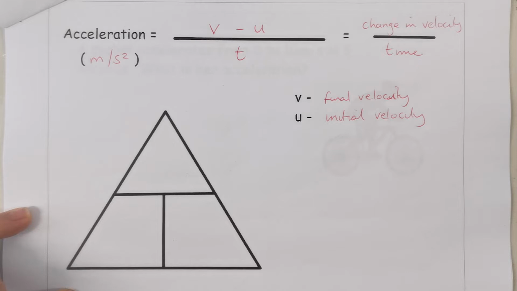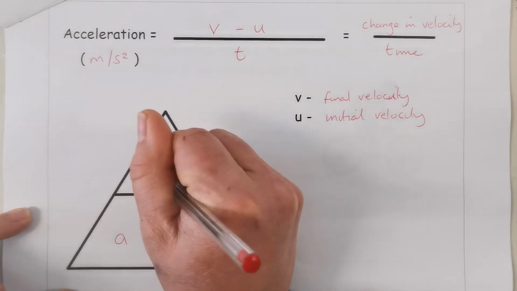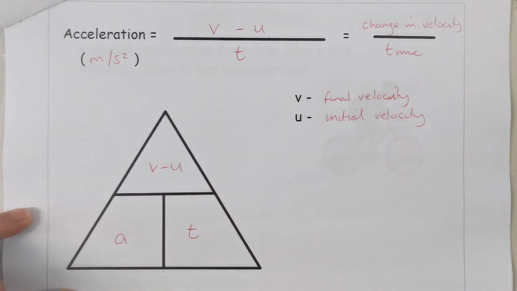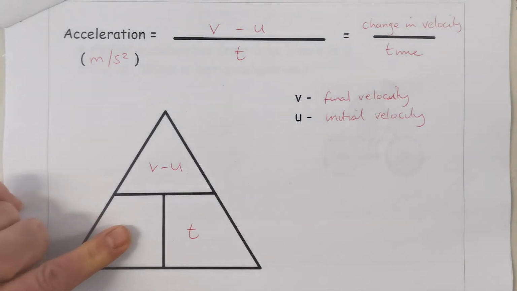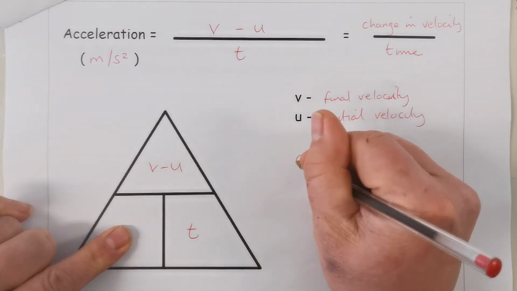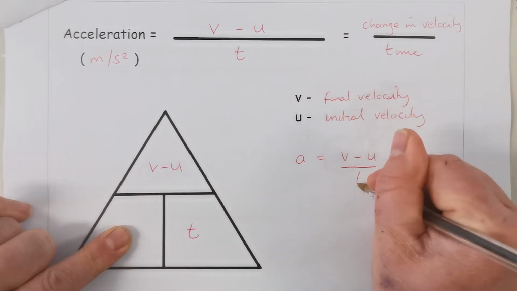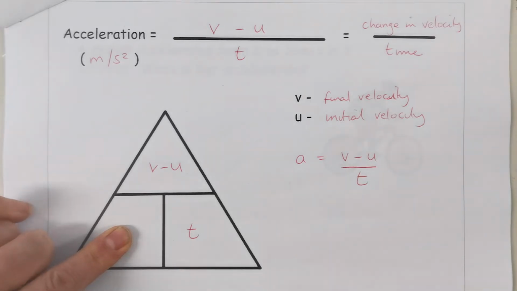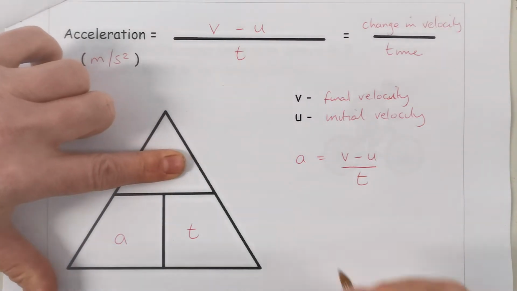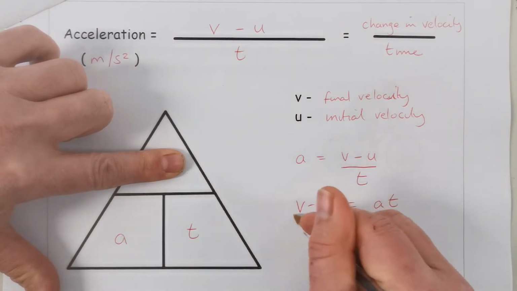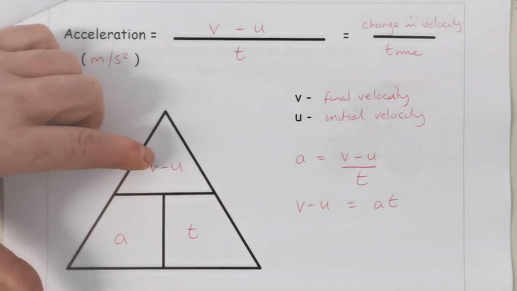Okay, so the formula that you need to know is A equals V minus U over T. So it's a slightly trickier formula, so you can check you've got it right. This is the one you really got to know. A equals V minus U over T. We can also make V minus U equals AT. So we're just treating V minus U as one sort of block here.